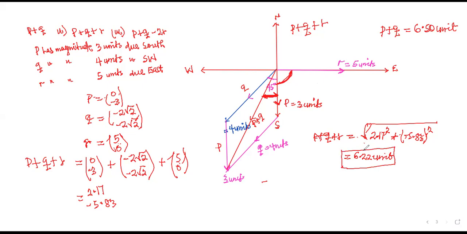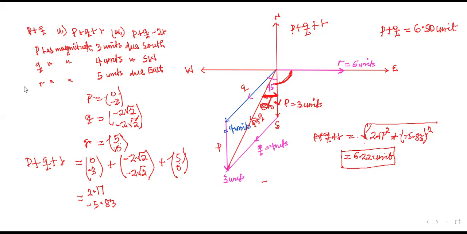So first, you must find the direction of the resultant P plus Q, this small angle alpha. When you get alpha, because you are now looking for P plus Q plus R, you add that angle to 90 to get the angle between P plus Q and R, and you use cosine rule to find the resultant. And you must get the same results as this. So, an assignment for you there.